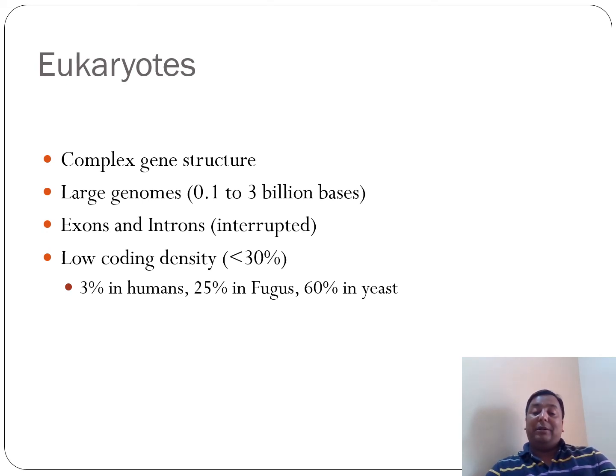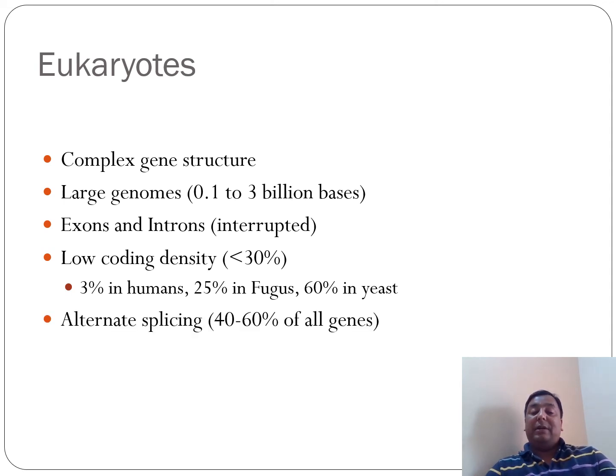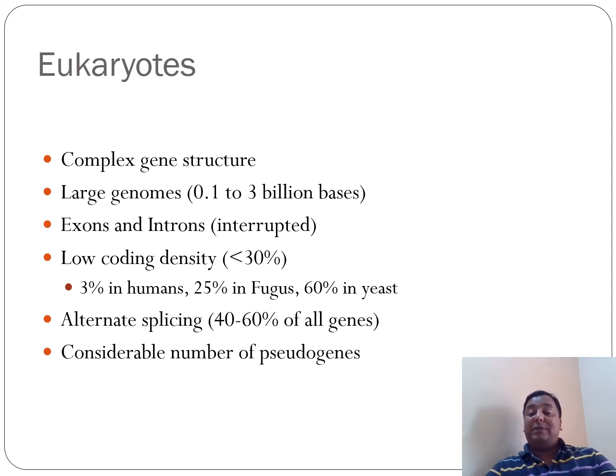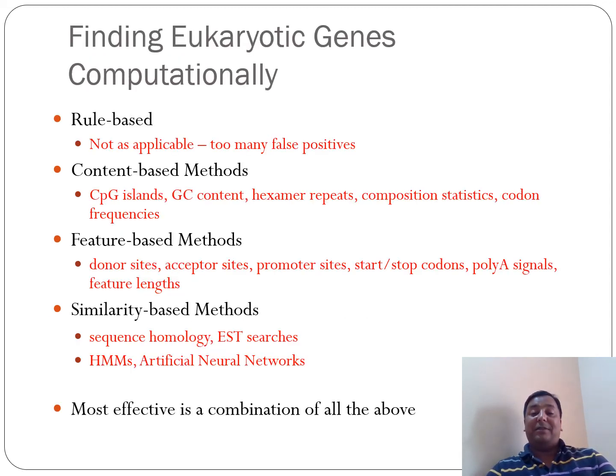We also understand the density in humans is 3%, in fungus it's 25%, and 60% in yeast. Because of that, alternate splicing effects occur for all the genes, right? And a considerable number of pseudo genes are there due to these effects.